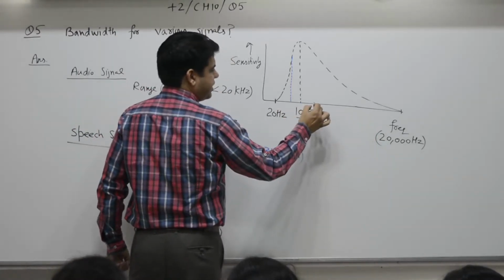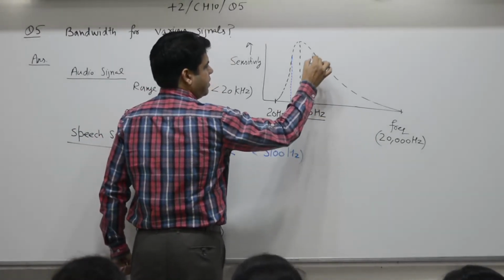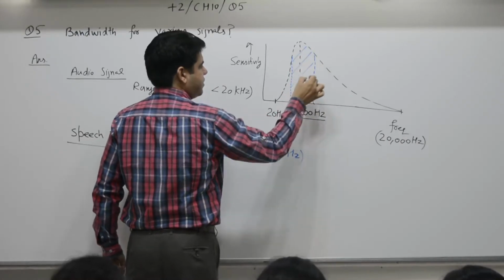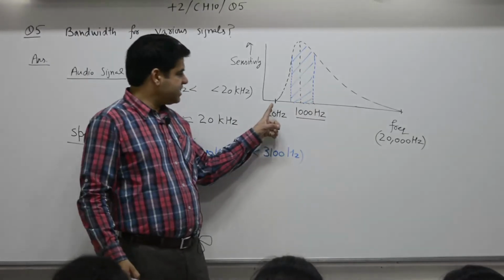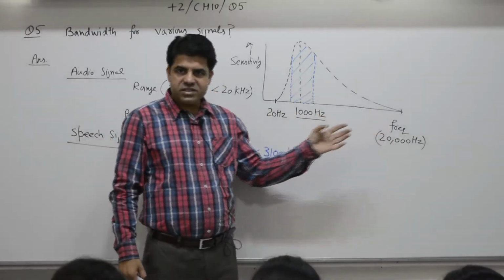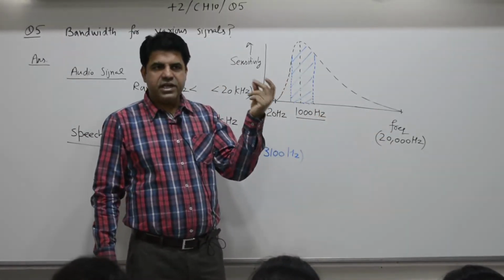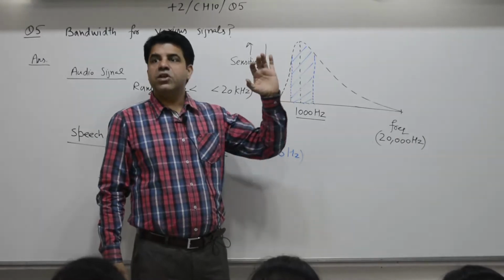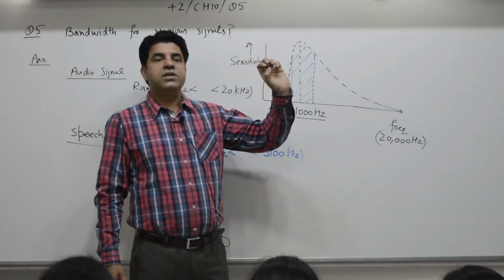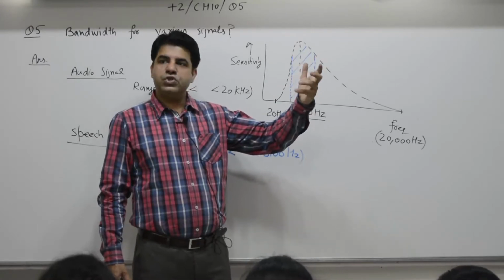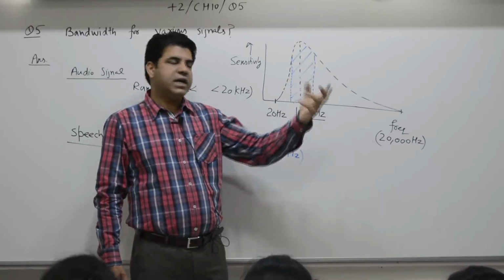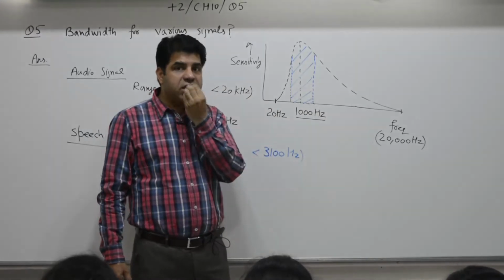I can mark it somewhere here. Your ear can listen to 20 hertz to 20,000 hertz. Out of that, it can be music, some noise by the fan, some animal voice, it can be anything. Out of that, human voice.